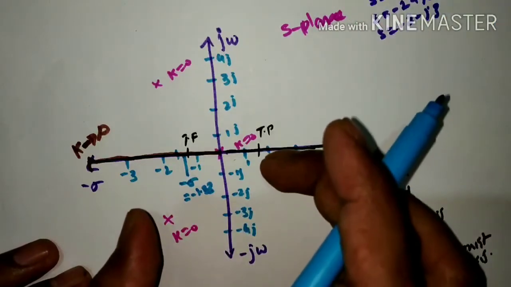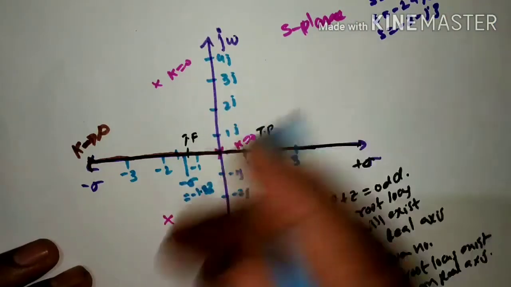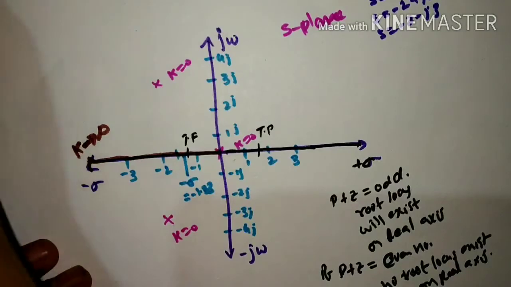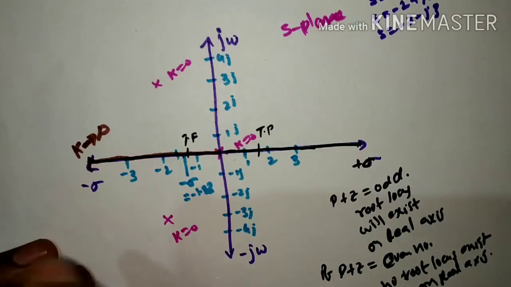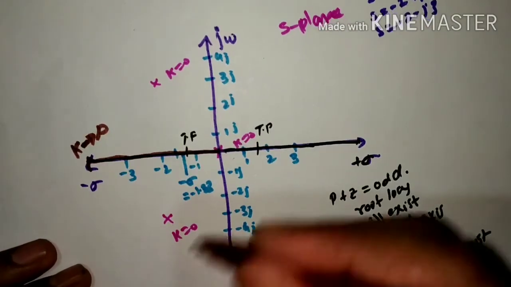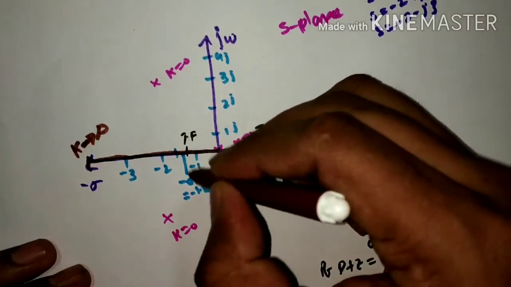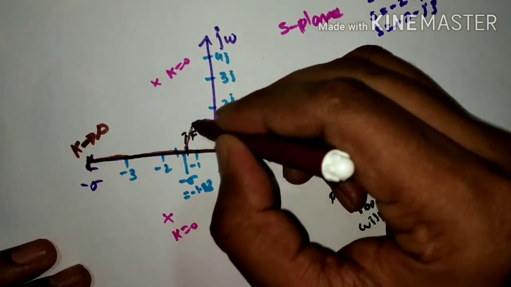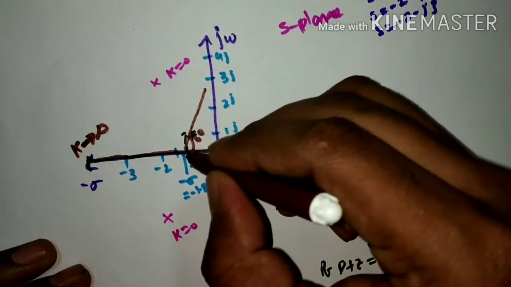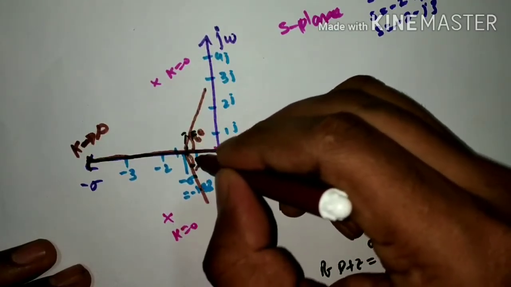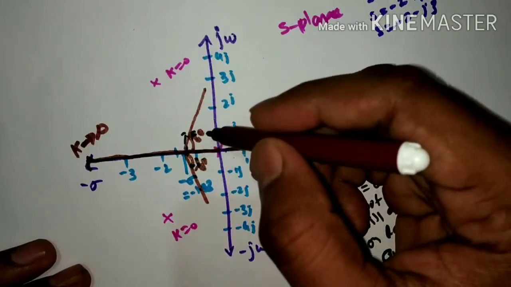You take the protractor and draw 60 degrees, and it will go in this direction. So from the centroid, it will go at an angle of 60 degrees, and here also minus 60 degrees.